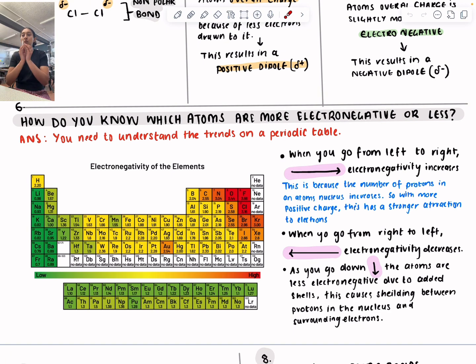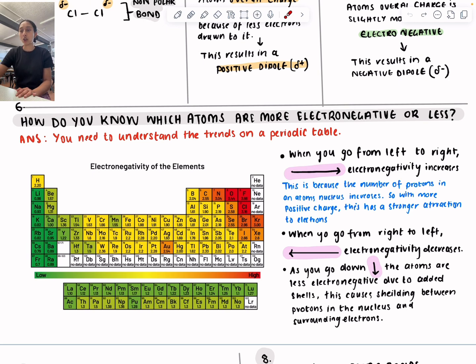And because of more shells to house all these electrons, this is actually causing a bit of shielding between the inner protons and the ability to attract surrounding electrons around it because of that shell shielding due to having lots of electrons, basically. Okay, so those added numbers of shells essentially obstruct or cause shielding between the protons in the nucleus and the surrounding electrons.